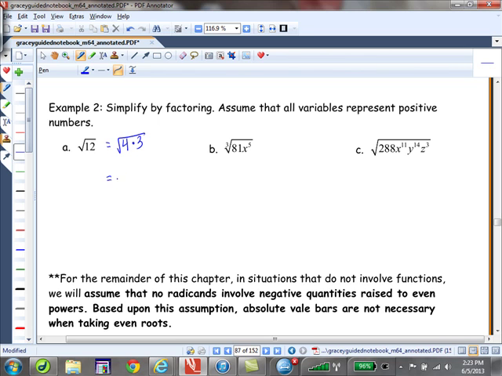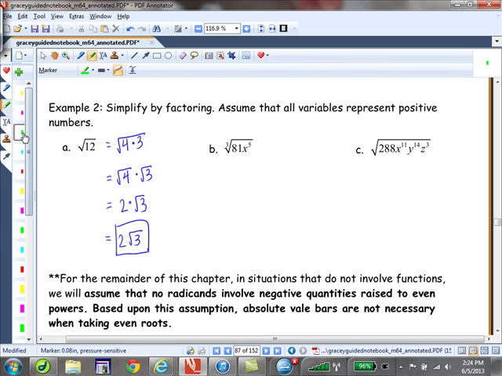Well, we can actually go ahead and split this as root 4 times root 3. Root 4 has a result of 2, so we get 2 times root 3, but you know what? It's written like this, 2 root 3. That means 2 times root 3. Okay, so just so that you can match it up, the square root of 4 was 2, and we got the result of 2 times root 3.